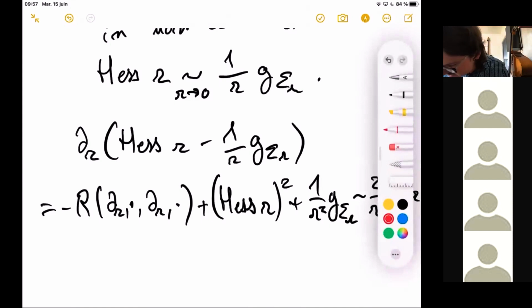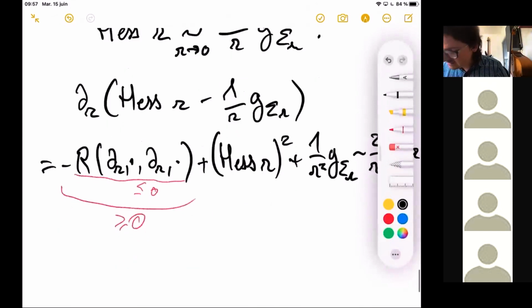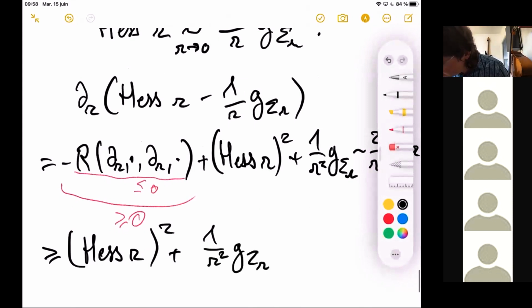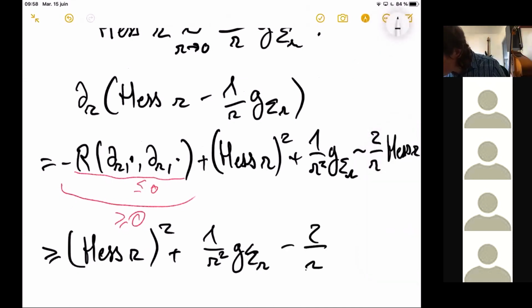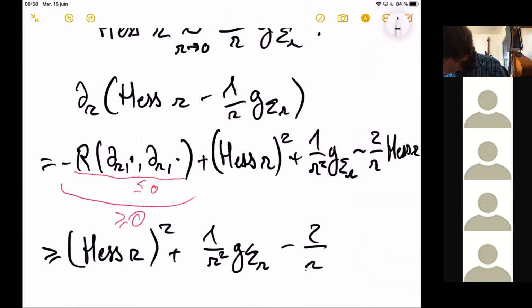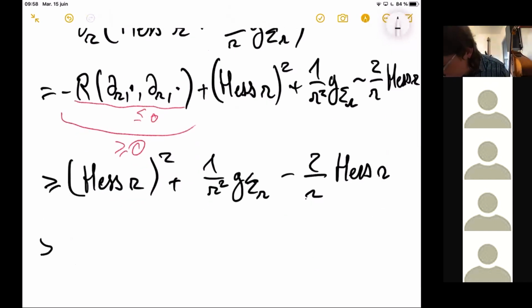So we are in luck because this is negative, so that is positive, and so this is greater than Hessian R squared plus 1 over R squared g sigma R, forgot the square here, no, there's no square here, minus 2 over R Hessian R, and here a kind of miracle appears.